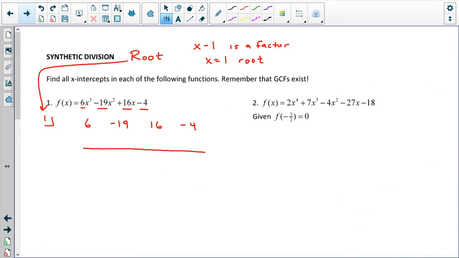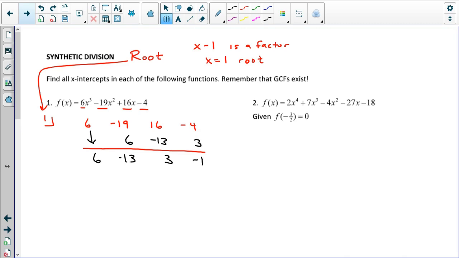So if I sub in 1, how I'm going to do synthetic division is I'm going to take the 6, move it down, multiply 1 by 6, and then add. So I get negative 13. Multiply 1 by negative 13 and put that here. Then add. Multiply 1 by 3 and then add.